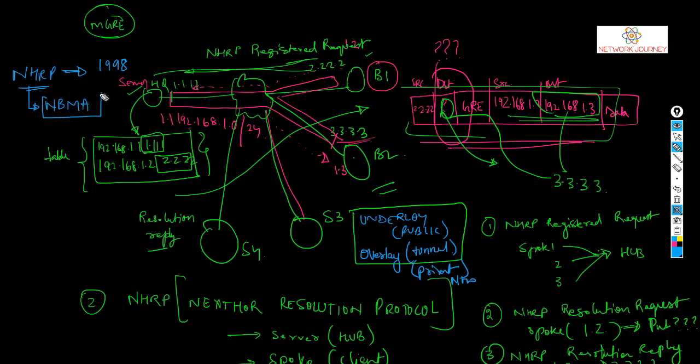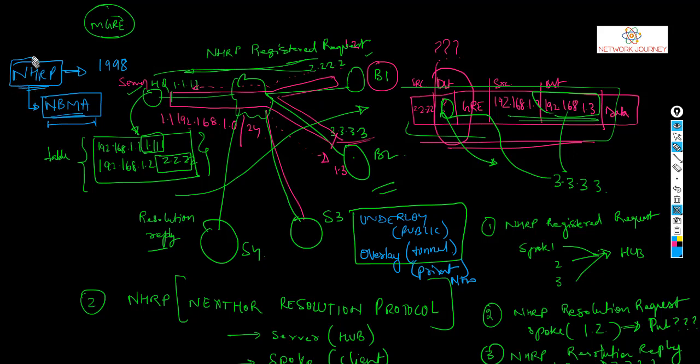So if you read the word NBMA in DMVPN material, don't get confused, they are referring to NHRP itself. Since we don't use non-broadcast technologies like Frame Relay, X.25, and ATM, we usually just call it NHRP.